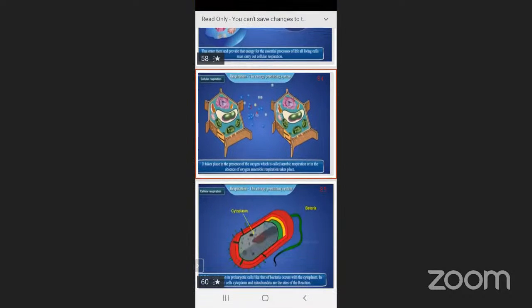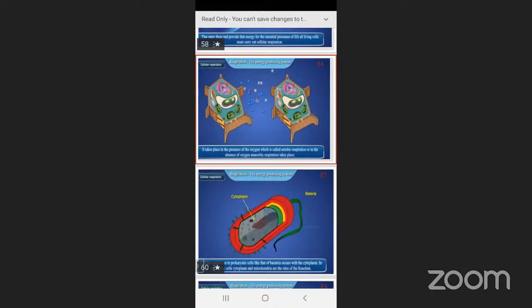Next one, how does cellular respiration take place? It takes place in the presence of oxygen, O2, which is called aerobic respiration. Very important, children. Or in the absence of oxygen, it is anaerobic respiration.